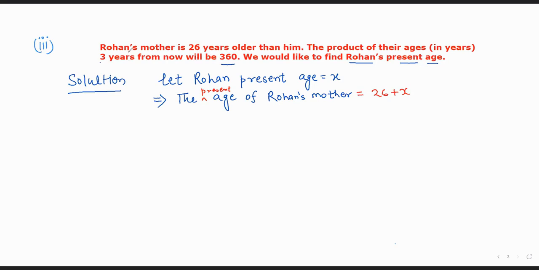See, Rohan's mother is 26 years older than him. So, the present age of Rohan's mother will be 26 plus x.